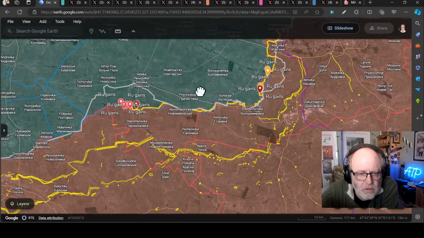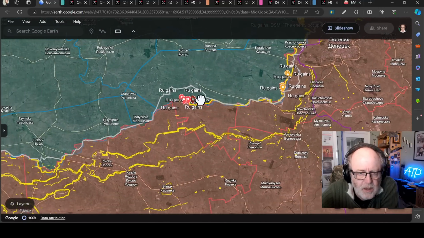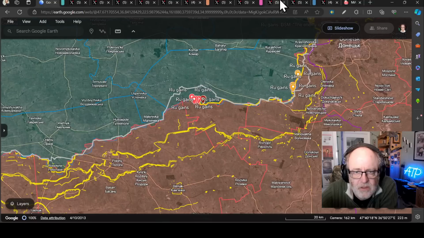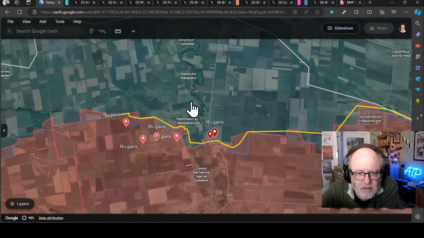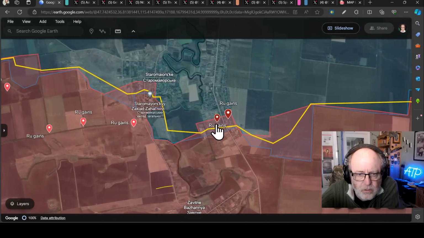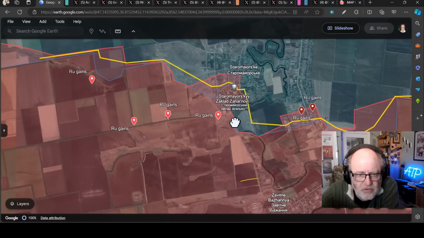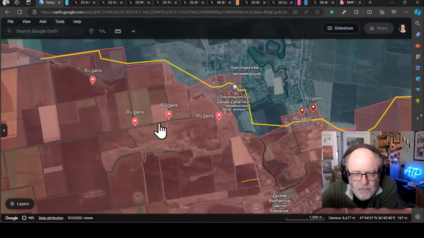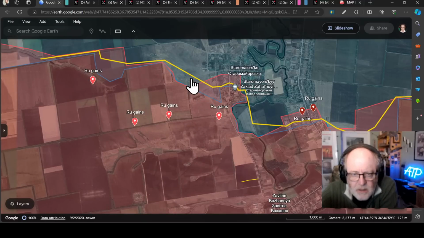Right, then we come along to the southern front line and the Velika Novoselka salient, where the Russians have had some more success. Here around Uruzhany, through Uruzhany, according to Suriyat Maps, they've added a few more streets to their control. According to Andrew Perpetua, some fairly significant advances that had already been clocked by Suriyat Maps and Deep State Maps. So in the area, the fields to the sort of west of Staromyorsk, the Ukrainians have been pushed back.